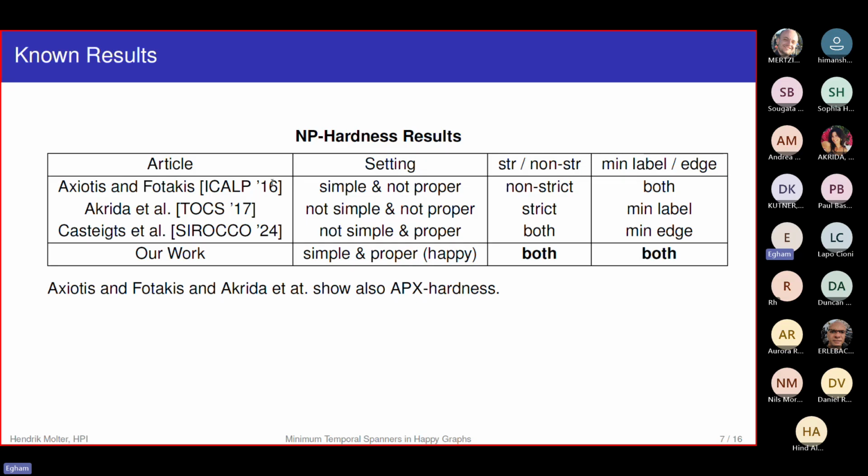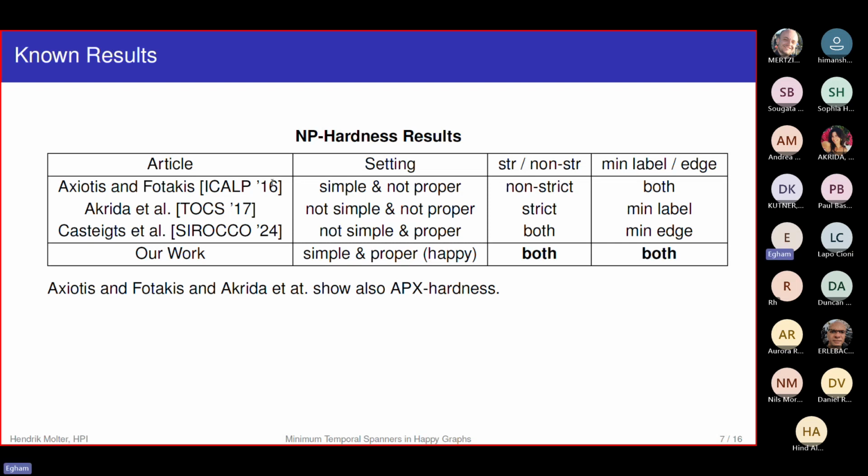Temporal spanners have independently been shown to be NP-hard to compute by Axiotis and Fotakis, Akrida and others. Axiotis and Fotakis's reduction showed that it's NP-hard for simple graphs, but not proper temporal graphs, and they considered non-strict temporal connectivity.